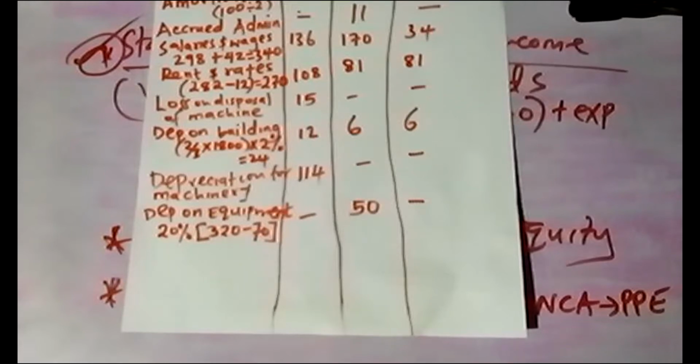Note 6: there is an allowance for doubtful debt, which is to be increased by 4.